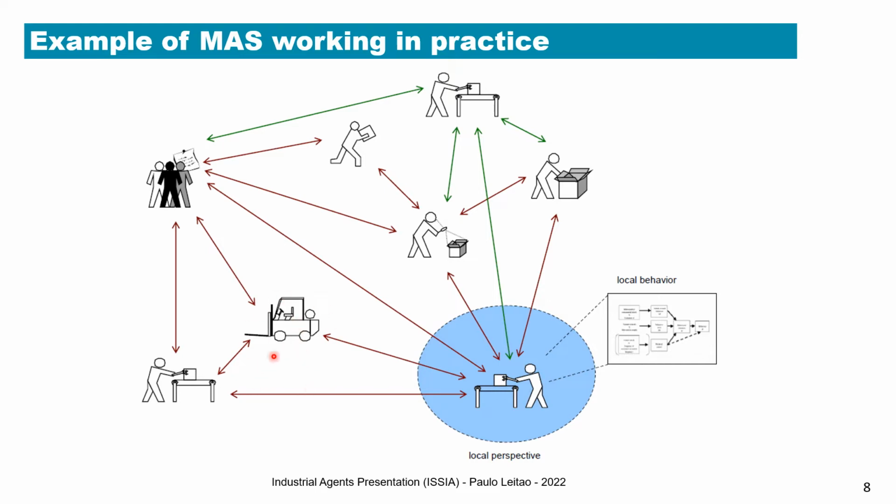Sometimes an agent cannot achieve its own goal unless other information has been provided by other agents. So that's why we need communication and cooperation between agents to solve a big and more complex problem.